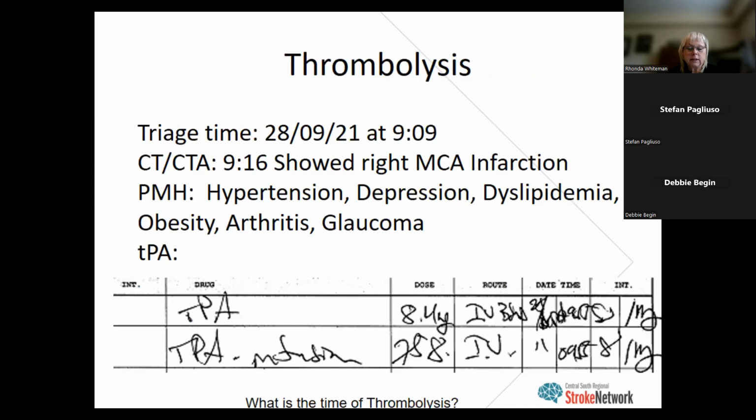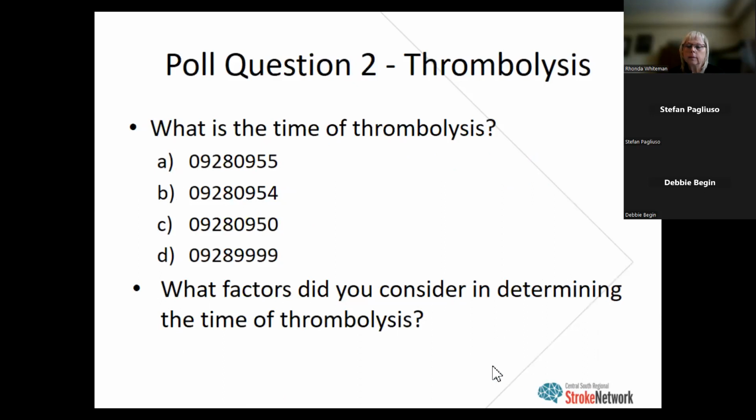Certainly it's challenging to see. We could see that it could look like a 9:50, but what we can read was the 9:55. What we do know when we look at thrombolysis is that the bolus is given, and there's a good comment in the chat.